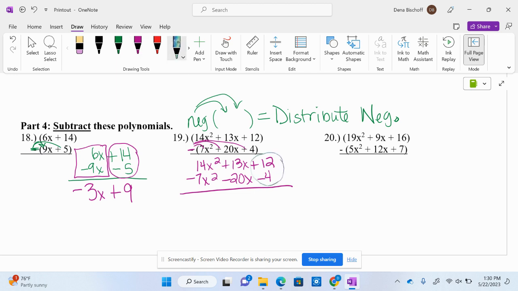Positive 12, negative 4 gives me positive 8. Positive 13x, negative 20x gives me a negative 7x. And a positive 14x squared and a negative 7x squared give me a positive 7x squared. So your final answer, 7x squared minus 7x plus 8.